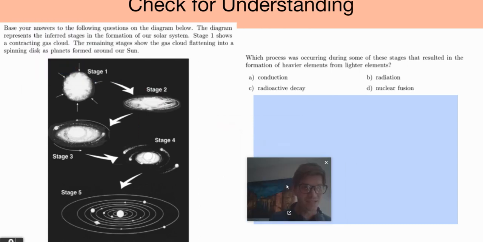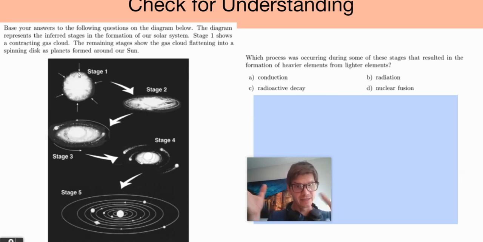Here's one more diagram, similar information again. So the diagram represents the inferred stages in the formation of the solar system. Stage 1 shows a contracting gas cloud. So here's our nebula contracting, again, because of gravity. The remaining stages show the gas cloud flattening into a spinning disk, which we see over here, as the planets formed around the sun.